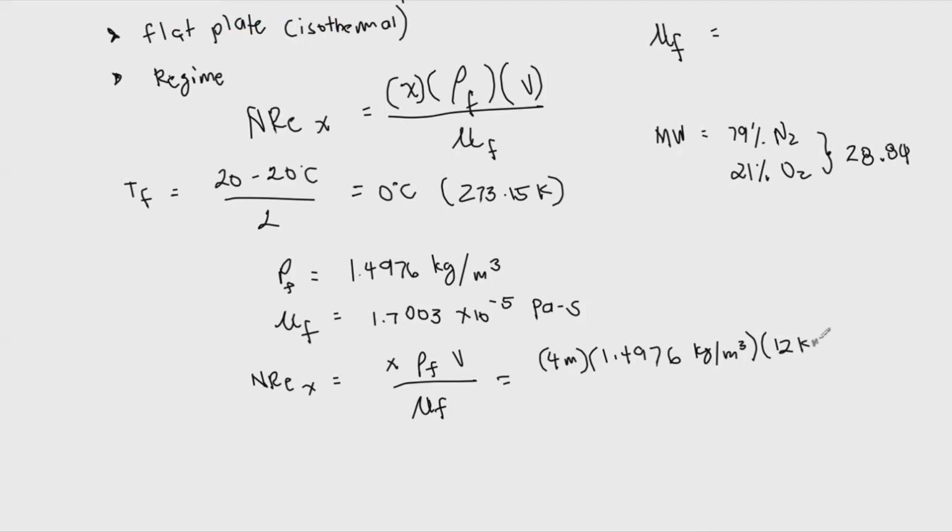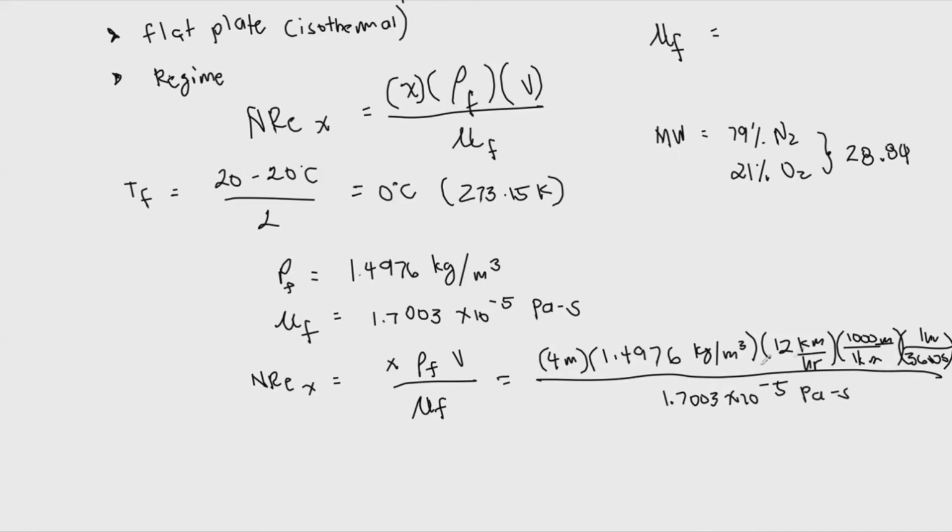We'll be converting this 12 kilometers per hour into meters per second, so I'll be having 1000 here, and then 1 hour is 3600 seconds, divided by the viscosity, which is 1.7003 times 10 to the negative 5 Pascal second.